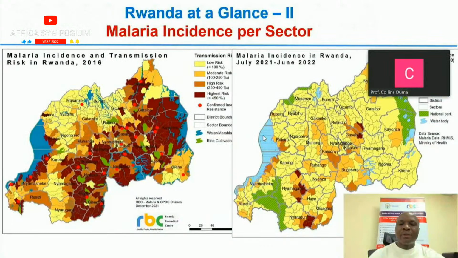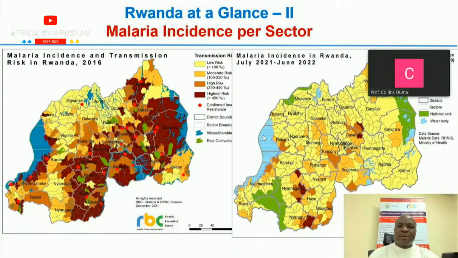This corresponded in 2016 to the high burden zones. We have a clear justification for that, because we have water bodies there, high temperature in the eastern part of the country, but also you can see those water bodies in green corresponding to rice cultivation areas, and these are contributing to mosquito density increase.